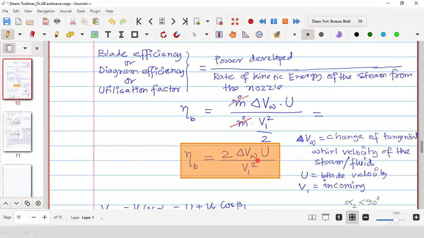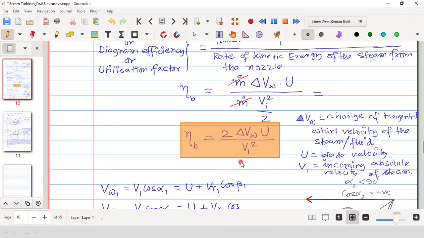Incoming absolute velocity of the steam. Now, we will see this is the blade velocity.